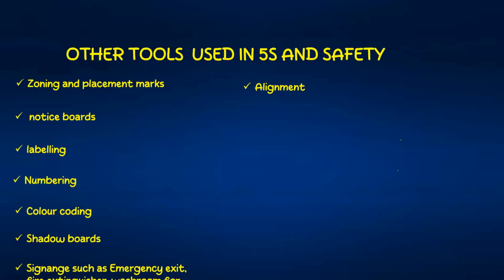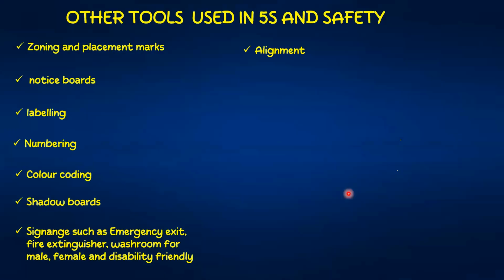So other tools, we mentioned that there's other tools that we also use in 5S. The reason I brought this slide here is because you will hear them as we go forward with the other steps. We will explain them further, but it's good that you know once you hear zoning or notice boards, that these are tools we use within the 5 steps of 5S. So red tag is one tool that we use in sorting.